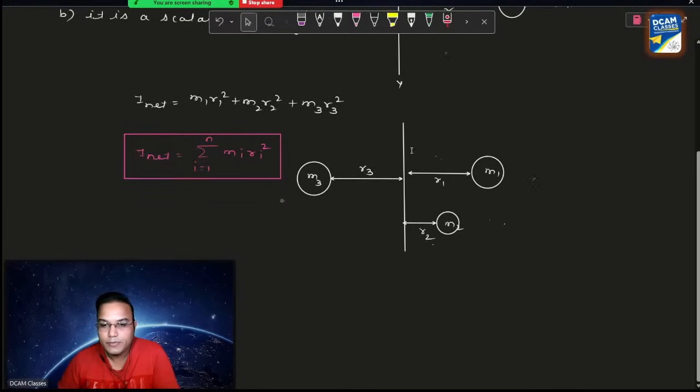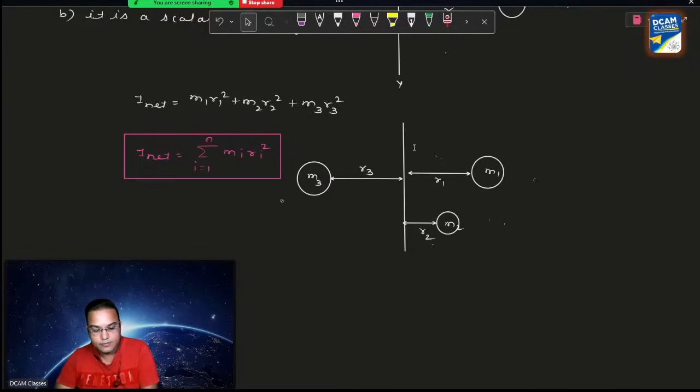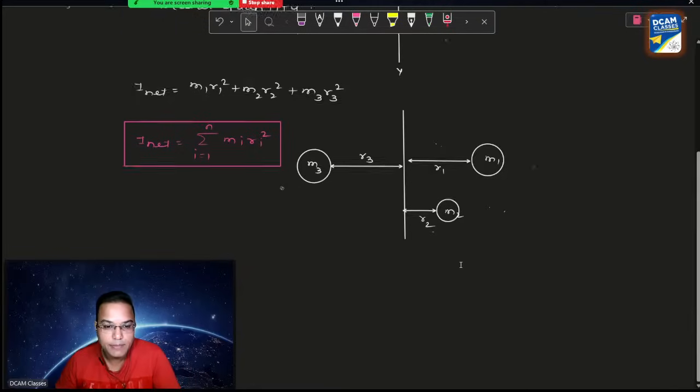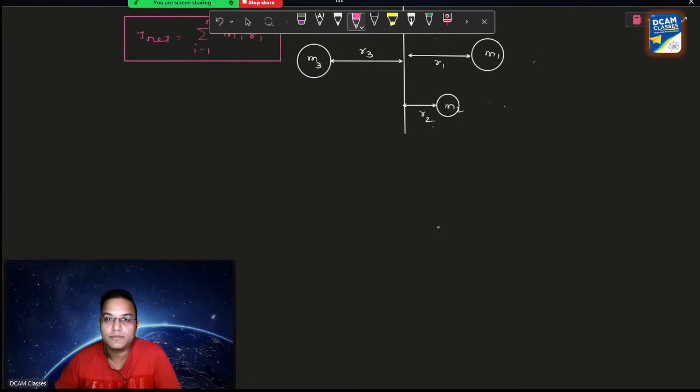Simple. Actually, this part is simple up to here. The complicated part will come afterwards. This is a basic way of calculating moment of inertia. Now let me give you, acha, after this, let me give you two more theorems.